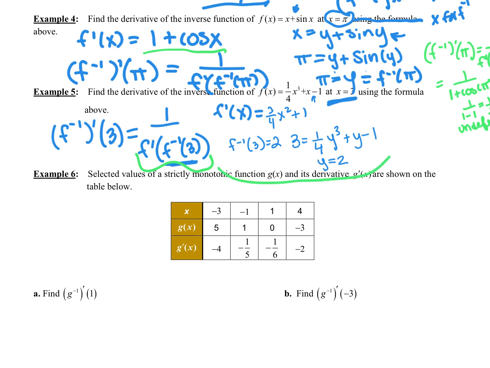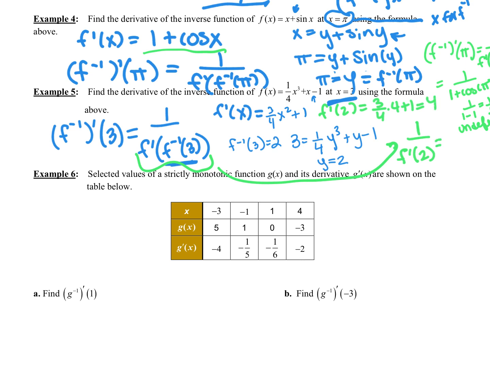And so f inverse of 3 is equal to 2, so now we can take our formula here and find the actual derivative that we're looking for, and it will be 1 over f prime at 2. And so we can plug f prime of 2 into our derivative. And so we'll get 3/4 times 4 plus 1, which will just be 3 plus 1, which is equal to 4.